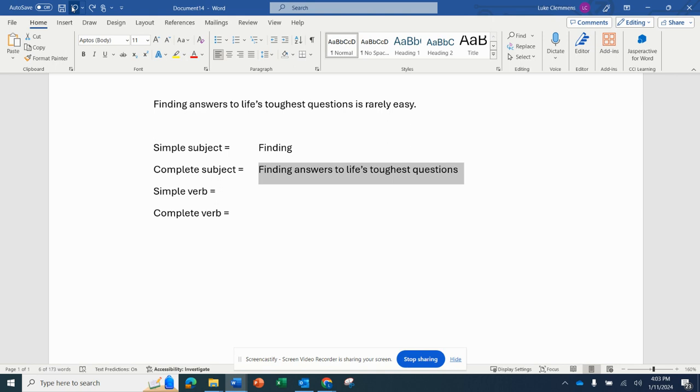Now, I know that this is the subject because our main verb is. We have a linking verb. And this linking verb is connecting this descriptor of easy to the subject. So what is it that is being described as easy? What is rarely easy?